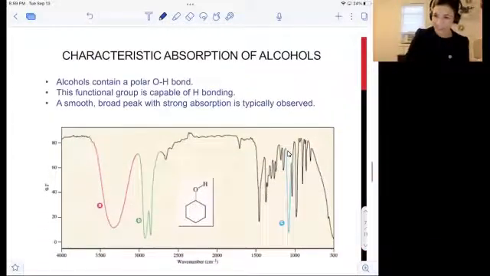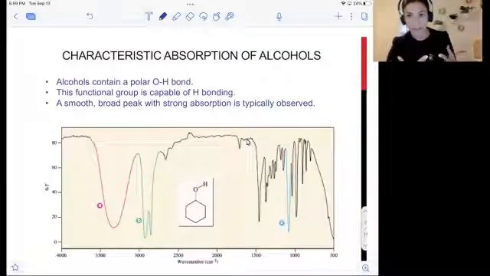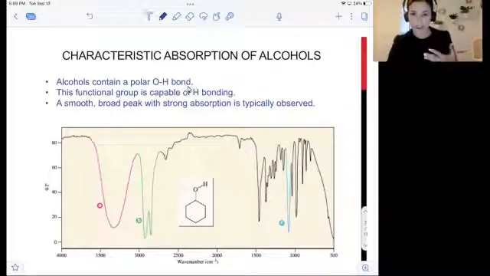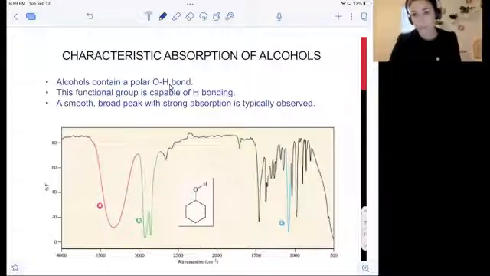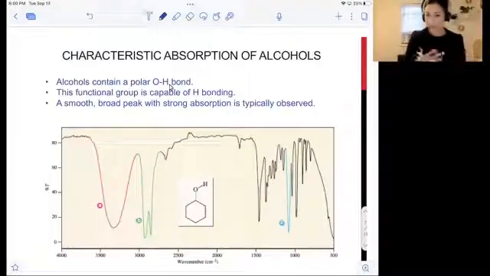And speaking of easily recognizable signals, the alcohol gives a really nice diagnostic signal. When we're thinking about an alcohol, remember that it's a polar OH bond that's capable of hydrogen bonding. For this reason, we see it at the higher energy end of the spectrum, typically between 3200 and 3500.